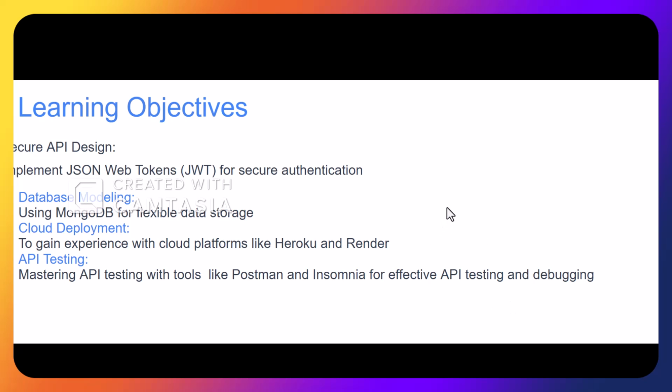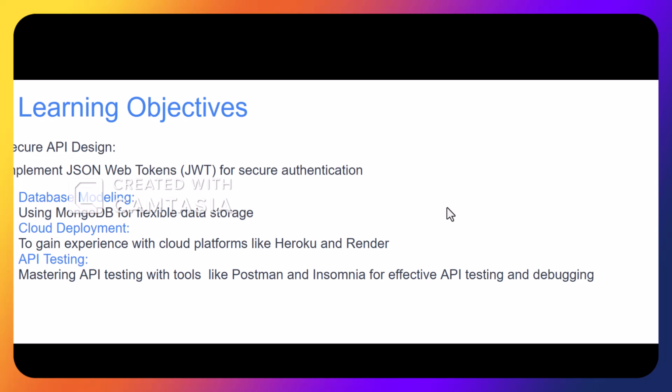Cloud deployment, gaining experience deploying APIs to platforms like Render, Heroku, and many more. Testing, improving my skills in API testing with tools like Postman, Insomnia, Curl, and others. These objectives are ambitious but achievable, and I'm confident they will deepen my understanding of backend development.